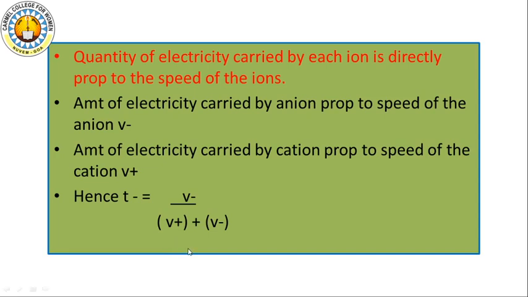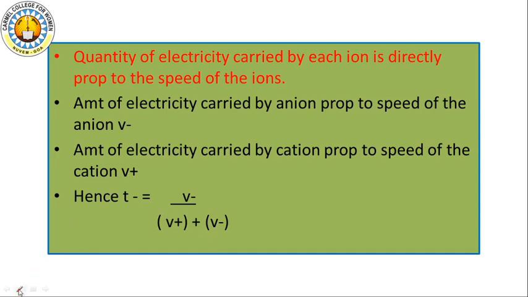Now, the quantity of electricity carried by each ion is directly proportional to the speed of the ions. Means, if the ions are moving faster, then they carry with them more current. So the quantity of electricity carried by each ion depends upon the speed of the ions.